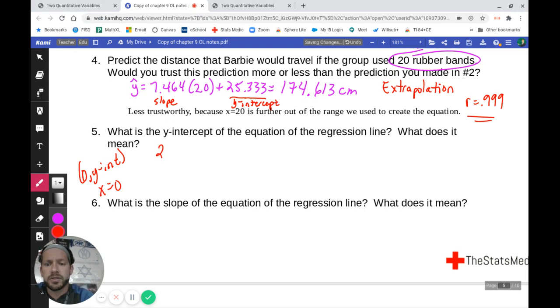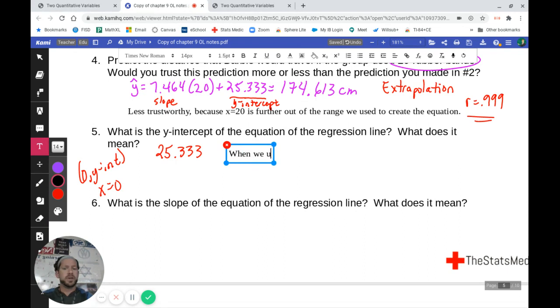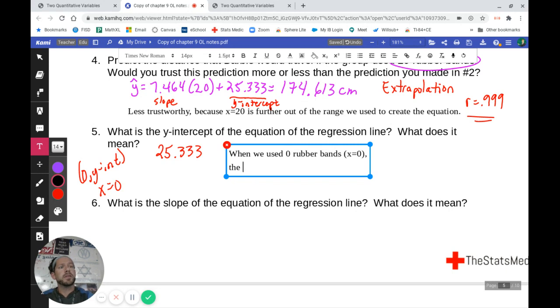So our y-intercept is 25.333. And then it means that when we used 0 rubber bands, x equals 0, the predicted distance traveled is about 25.333 centimeters.